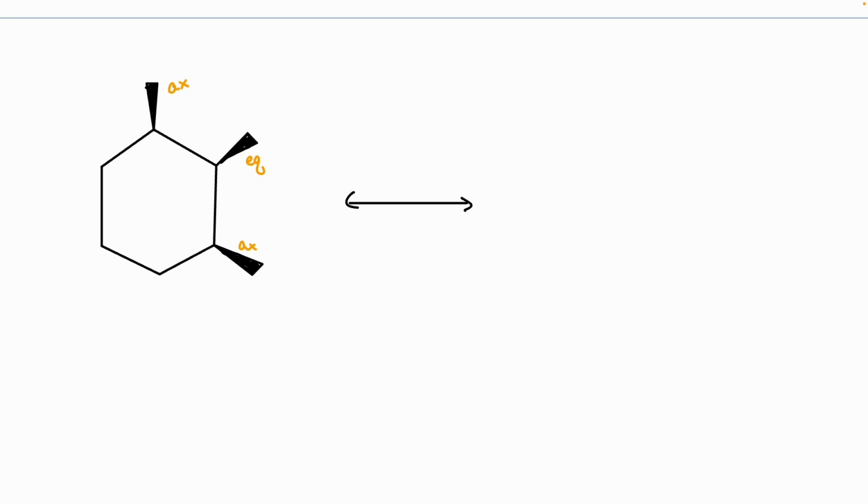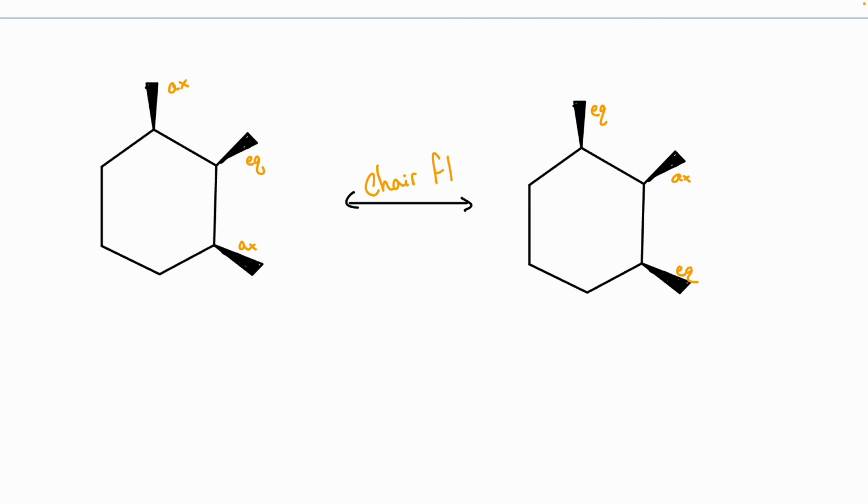And this will not change your bond line structure at all. But in a chair flip, all of your axial bonds are moved to the equatorial position, and all your equatorial bonds are moved to the axial position. So now it goes equatorial, axial, equatorial. This is what we call a chair flip.